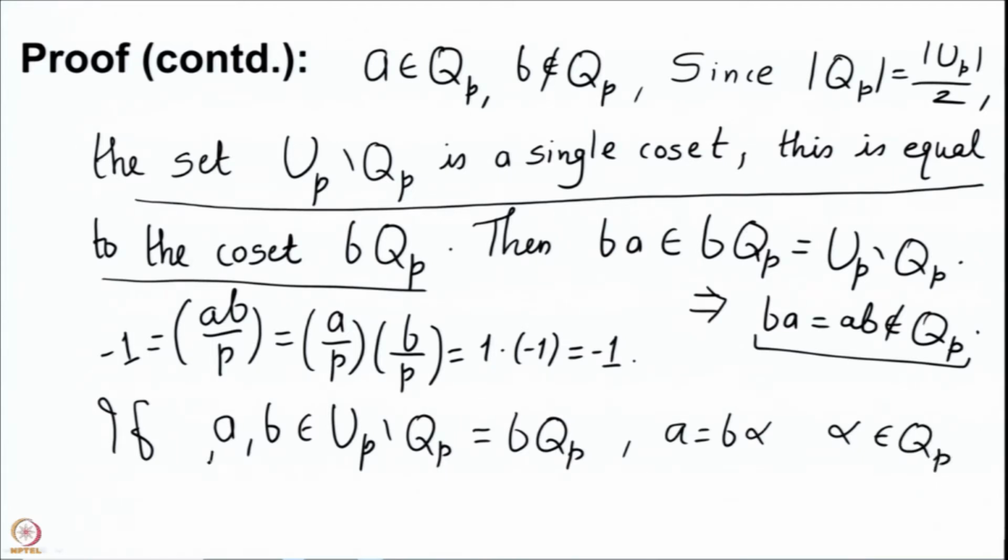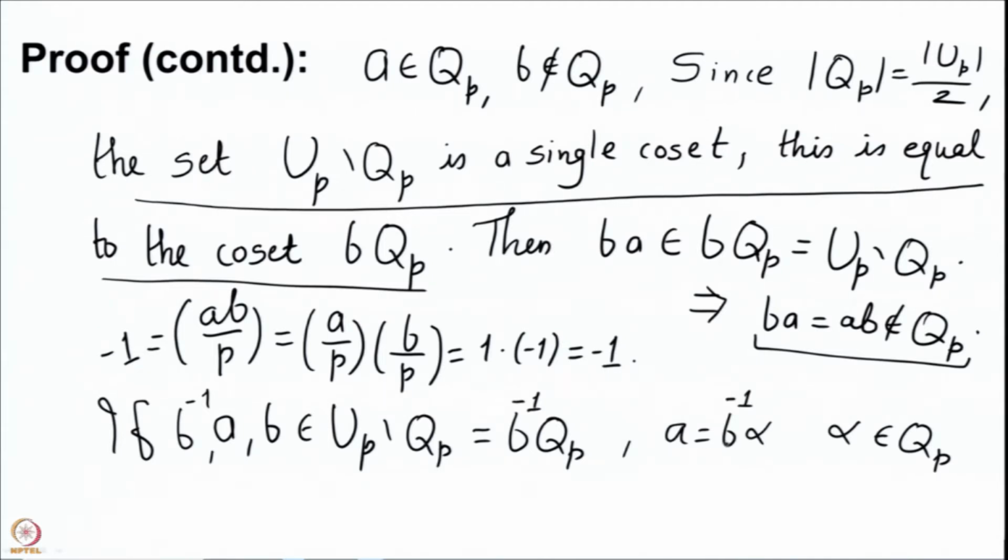And similarly, whenever B is not in QP, you will have that B inverse is also not in QP, and so B inverse will also give you the same coset, and therefore A is B inverse alpha. QP being a subgroup, if B inverse was in QP, then B would also have to be in QP.